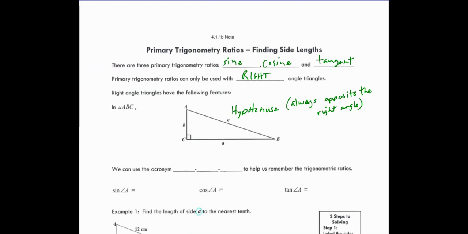Okay, we have vertices as uppercase letters. All right. We have side lengths always as lowercase letters.